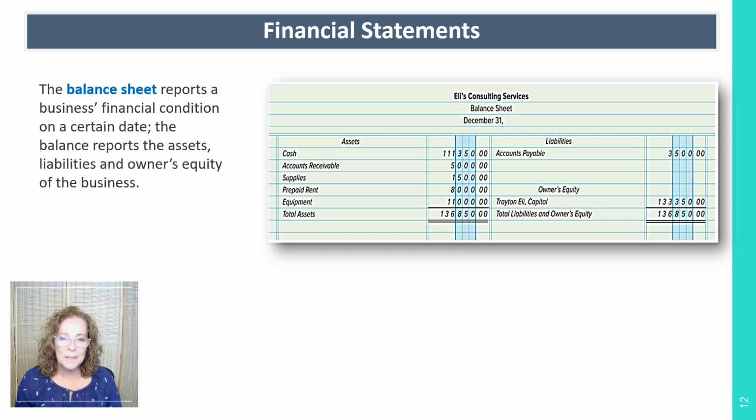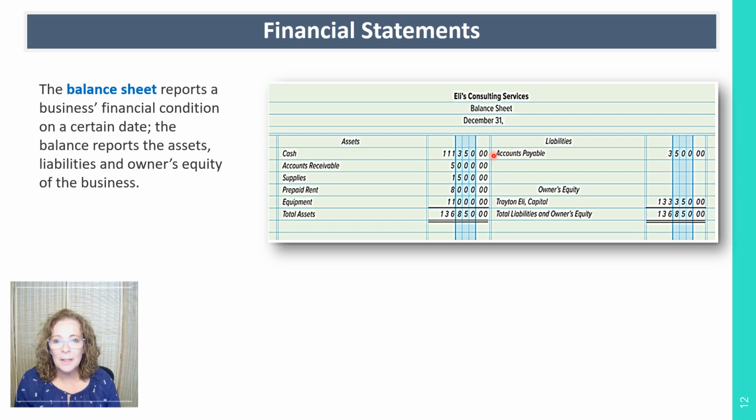The balance sheet reports a business's financial condition as of a certain date, for instance, as of December 31st. The balance sheet shows what the company owns and what it owes to third parties or the owners of the business, in short, the assets, liabilities, and owner's equity of the business. Eli's Consulting lists its assets of cash, $111,350, accounts receivable, $5,000, supplies, $1,500, prepaid rent, $8,000, and equipment, $11,000, for a total of $136,850 in assets.